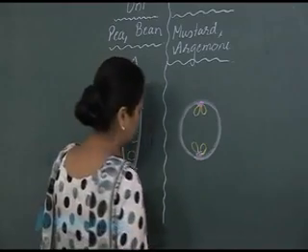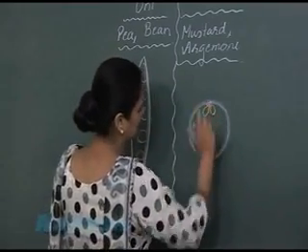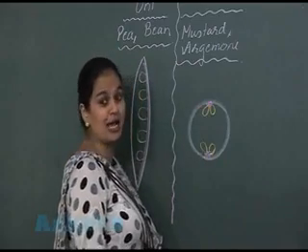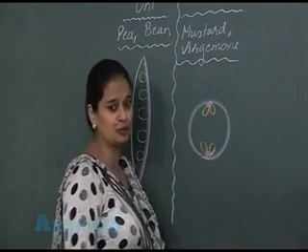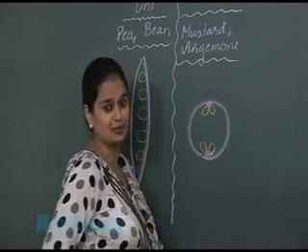You can see that there are two sutures bearing the ovules. This means the gynoecium is formed by the fusion of two carpels.